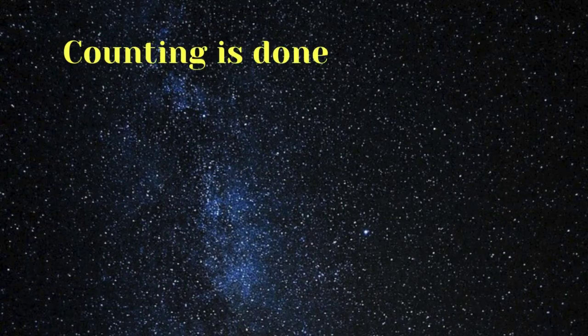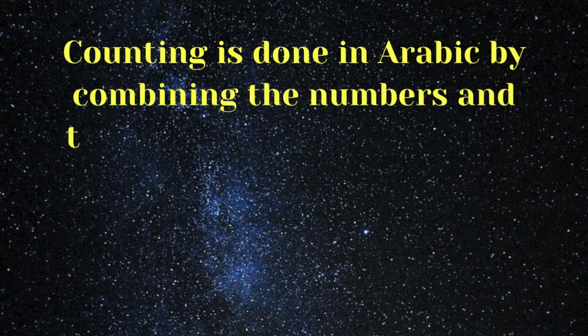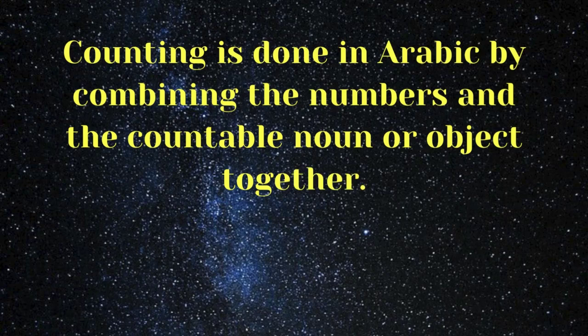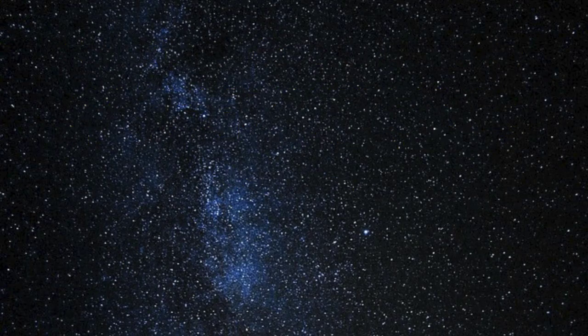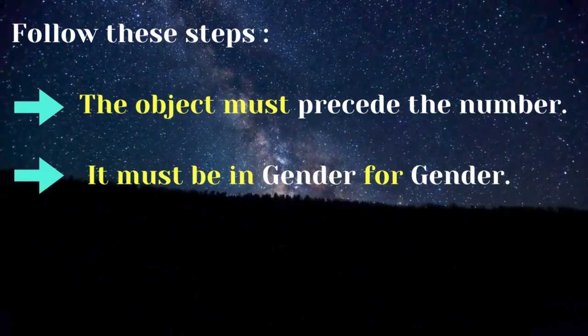So to start with, counting nouns in Arabic is done by considering the number itself and the countable noun that is attached to it. To do that, the following steps should be established.